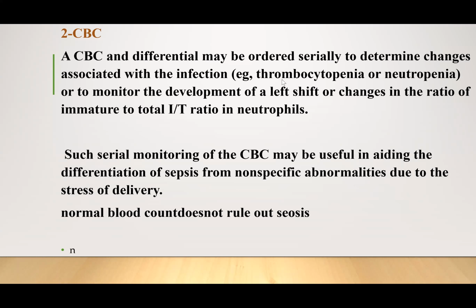Thrombocytopenia means platelets decreased below 150. Until 100, it is mild. Between 100 and 50, it is moderate. Less than 50, it may be severe. So if I didn't repeat, I don't know. It may be 110 today, and tomorrow I find it 30. So it is very dangerous and must be serial.